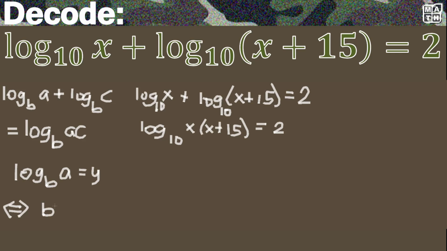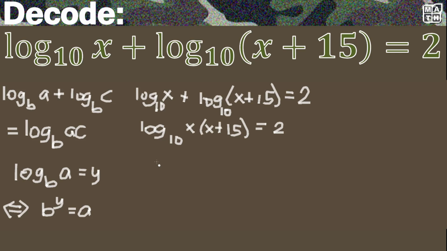Copy the base b. The equivalent here will become the exponent of base b, and your value for that is equal to the coefficient here, a. So this is the transformation from the logarithmic equation to an exponential equation. But in this case, since our equality here is a constant, we will not have an exponential equation, but an equation with the same process.